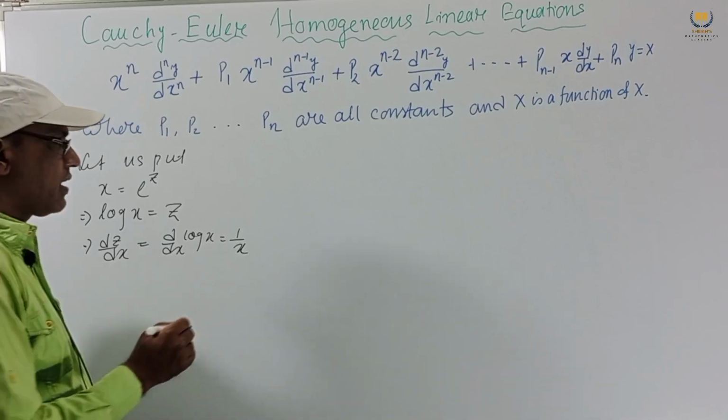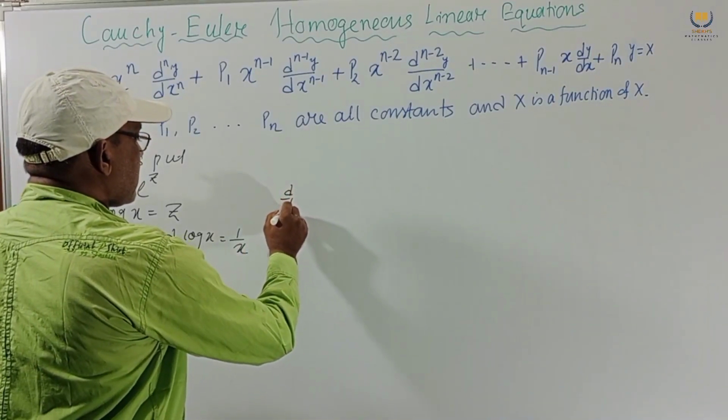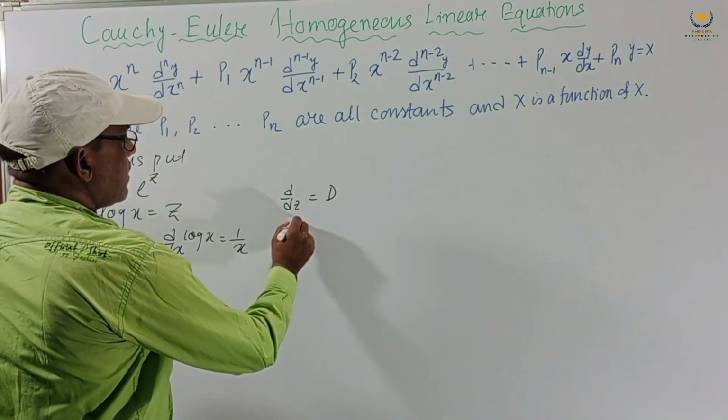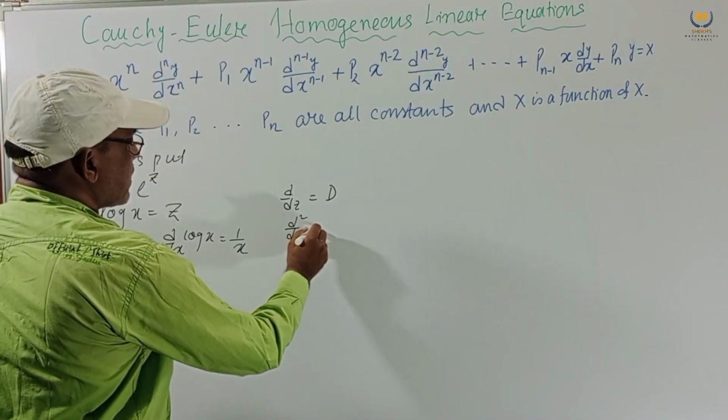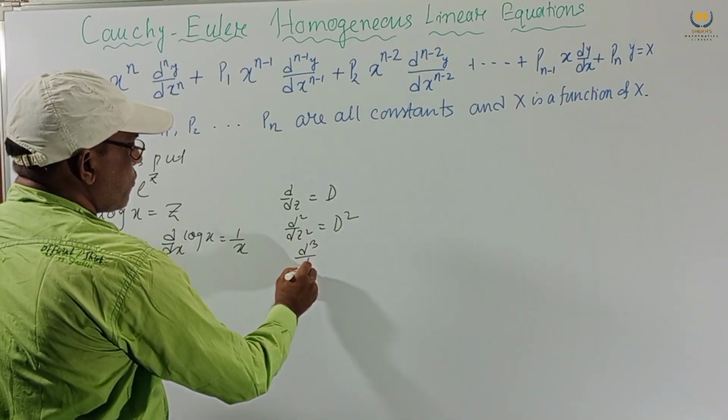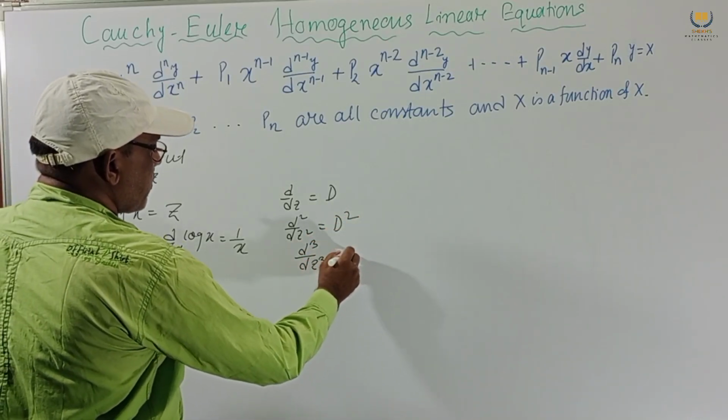Also we write d/dz equal to D, d^2/dz^2 equal to D^2, d^3/dz^3 equal to D^3.